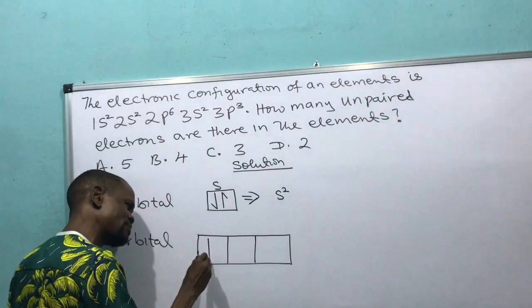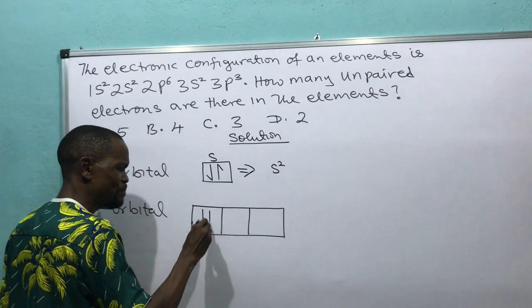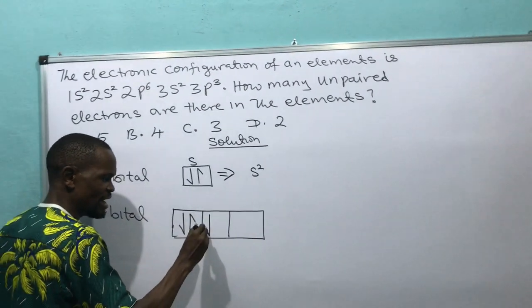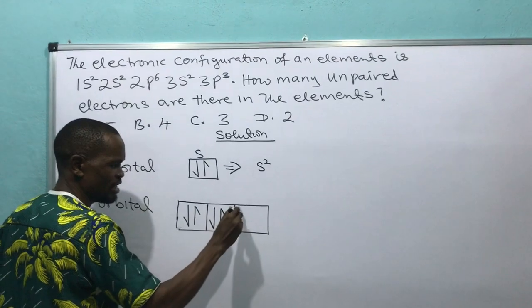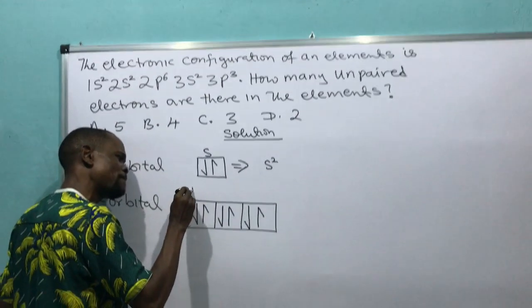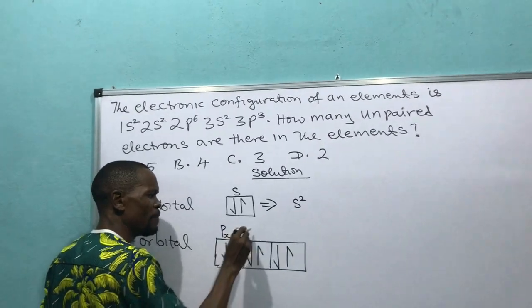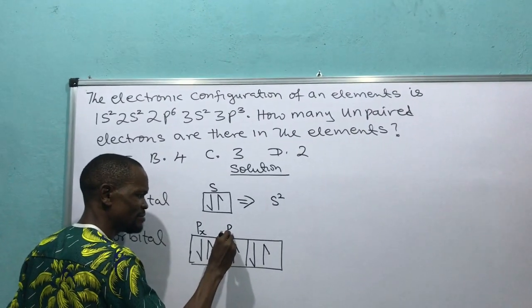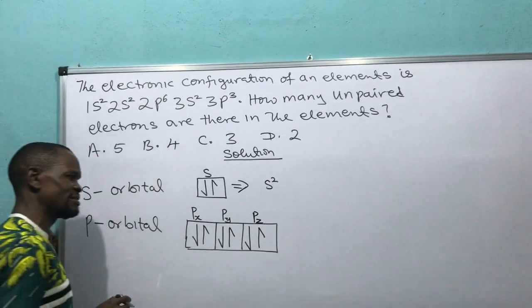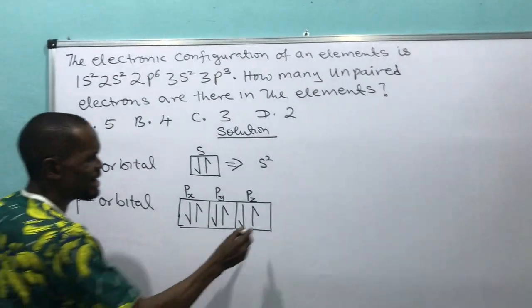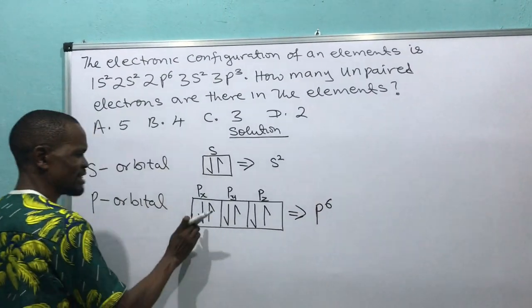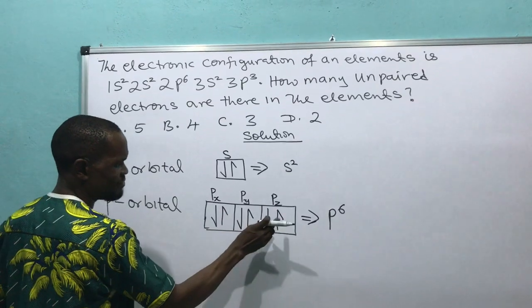This first is filled and paired up, this is filled and paired up, and this is filled and paired up. This is called px, py, and pz. These are filled up, and that implies p6. How many electrons? 6. Count it: 1, 2, 3, 4, 5, 6.